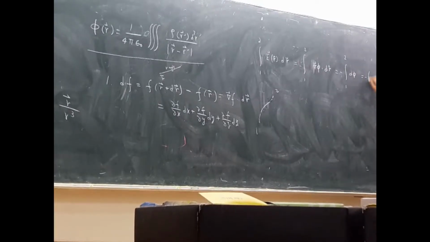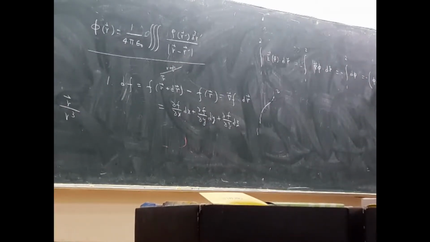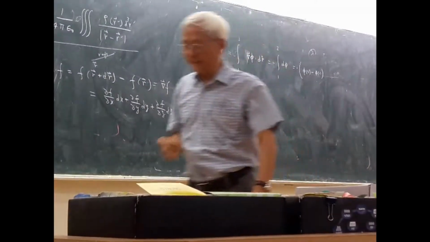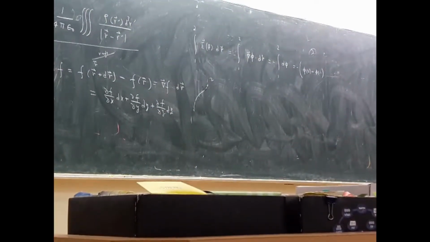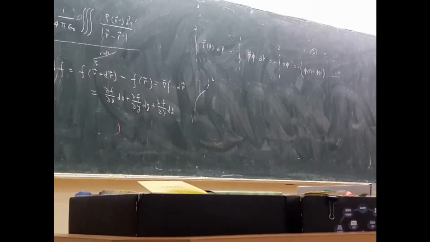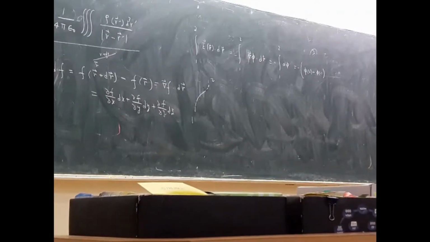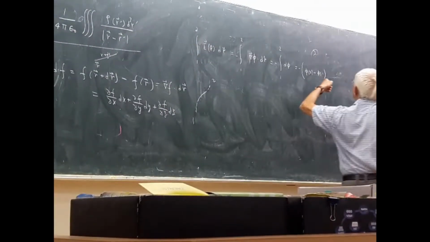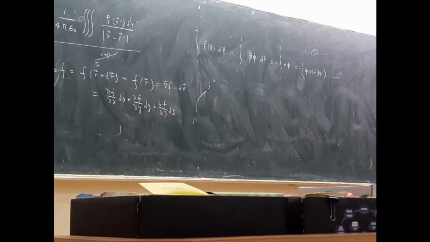So that is equal to phi 2 minus phi 1. So the line integration of the electric field gives you the difference of the electric potential.